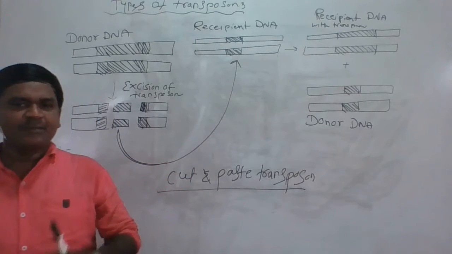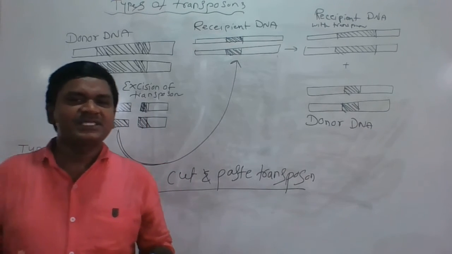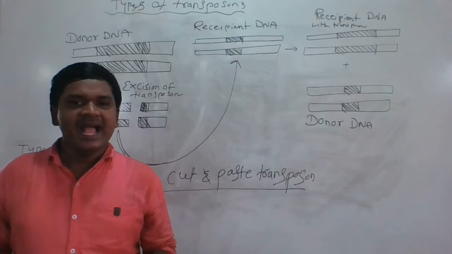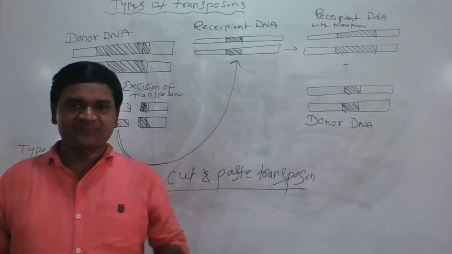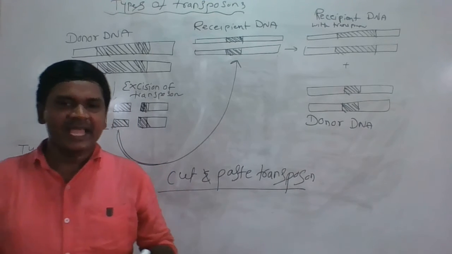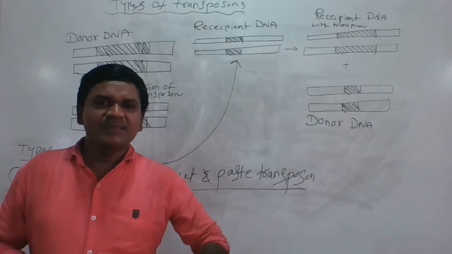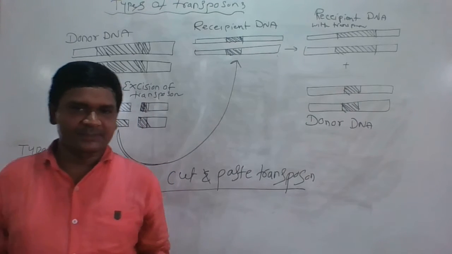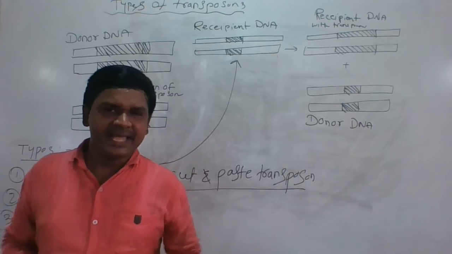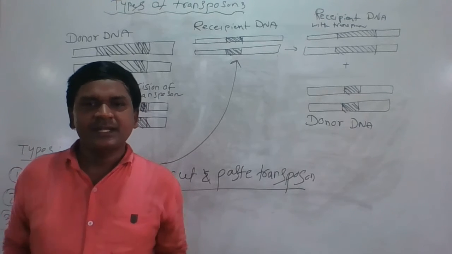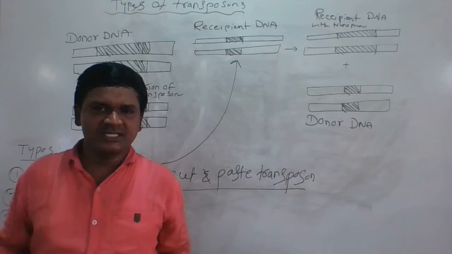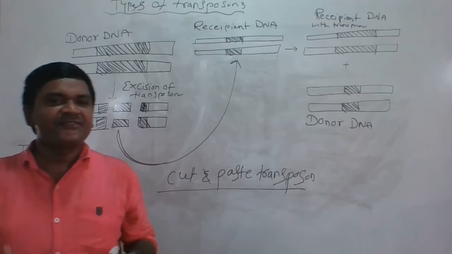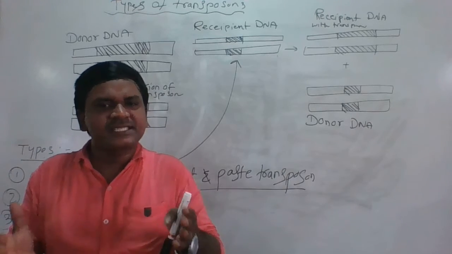Number one is insertion sequences, also called IS elements. What is meant by insertion sequences or IS elements? They can be defined as transposable sequences which can insert at different sites in the bacterial chromosome.